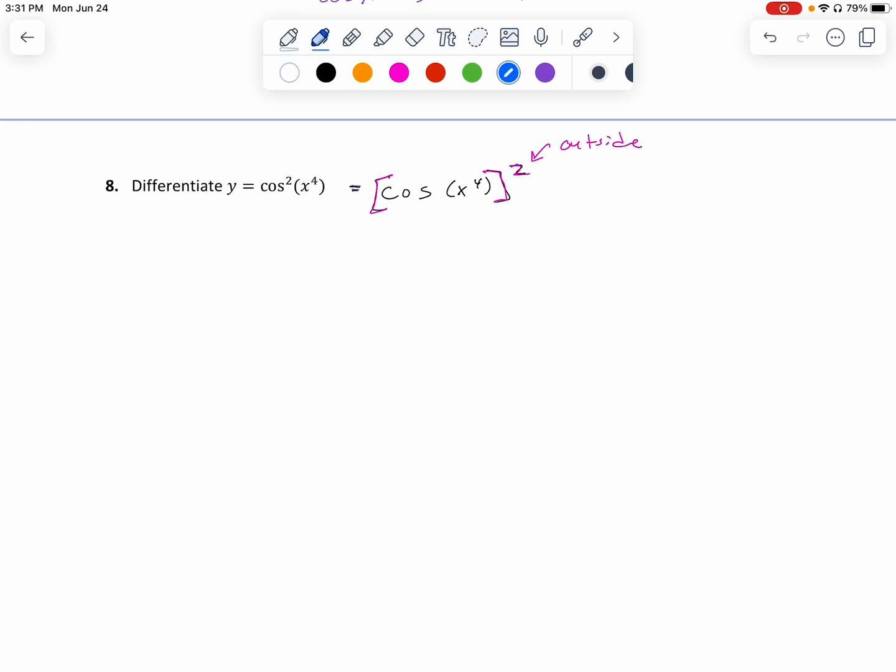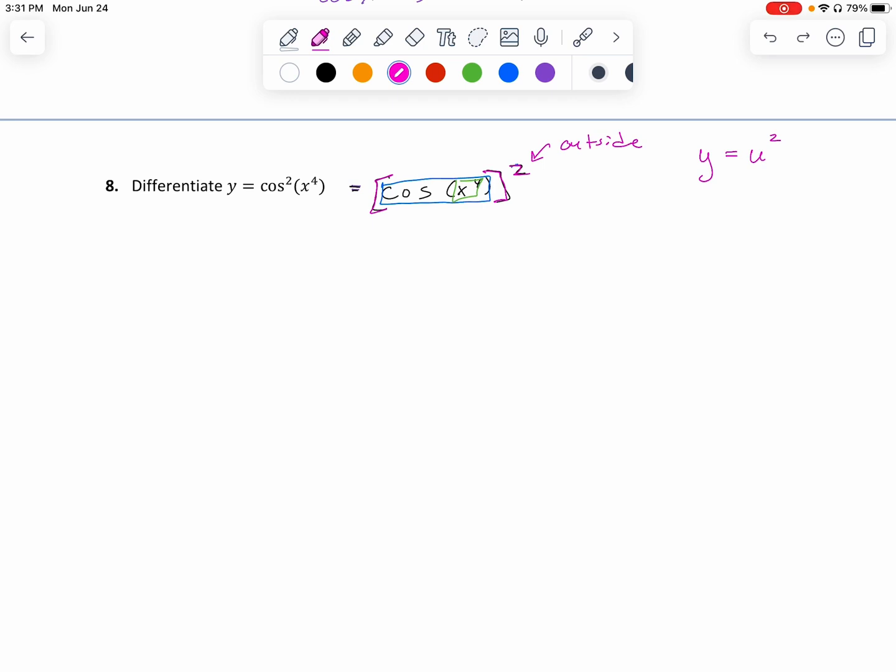And then I could cover up this cosine x to the fourth, but even if I look even deeper into that, I can see, oh, I can actually cover up the x to the fourth and still have a third function there. So my most outside function is the square. So I could use y equal to u squared, or, let's use u, that's fine.